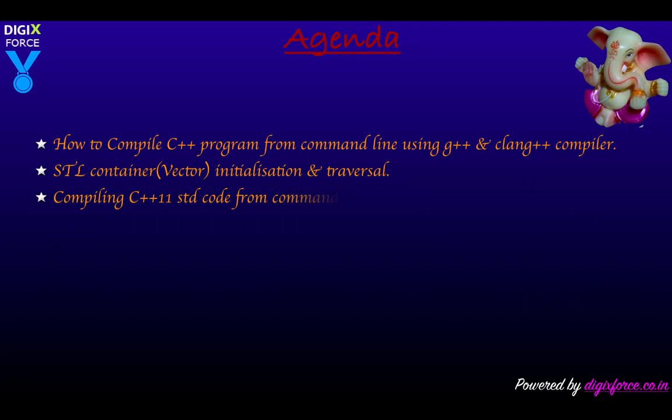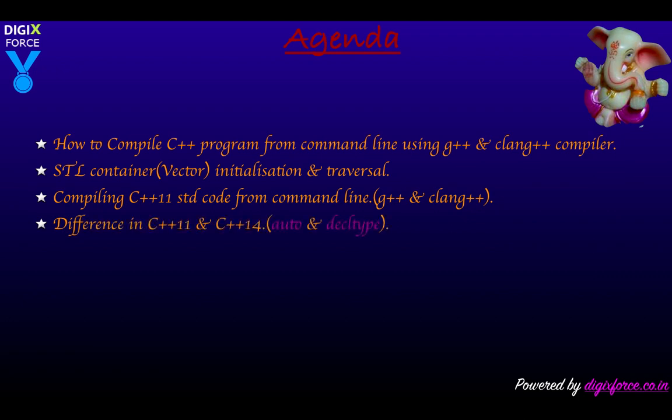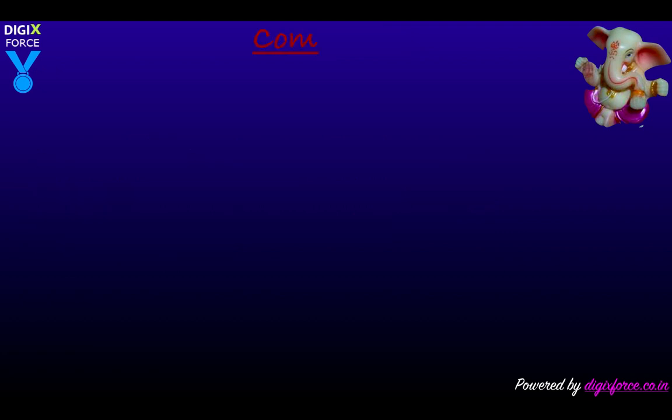Then we will see compiling C++11 standard code from the command line, and we will see the difference between C++11 and C++14. Basically there is a difference between auto and decltype. Then we will go for a demonstration of the code.